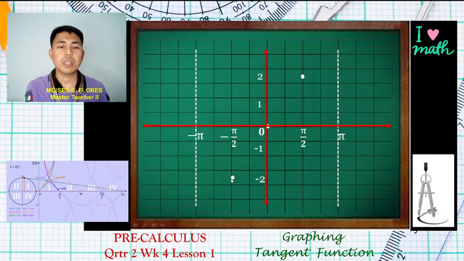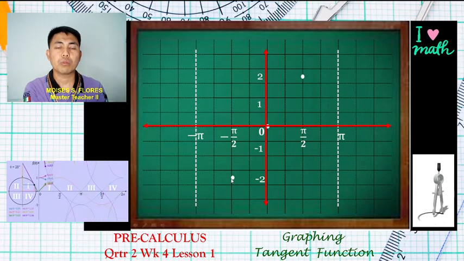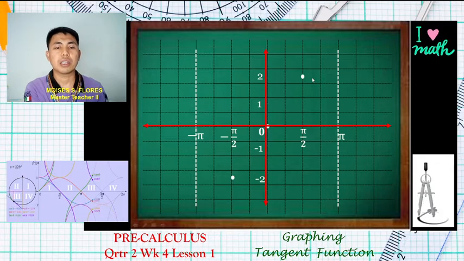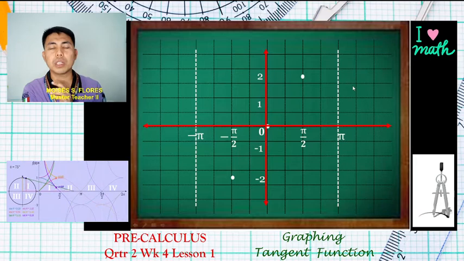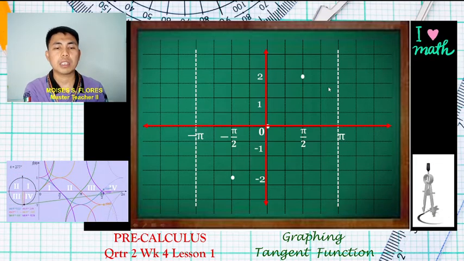Take a look at our graph again. We're going to connect these 3 points for us to be able to have our graph of tangent. Take note again, these are vertical asymptotes, so the graph would not pass over the given asymptotes.